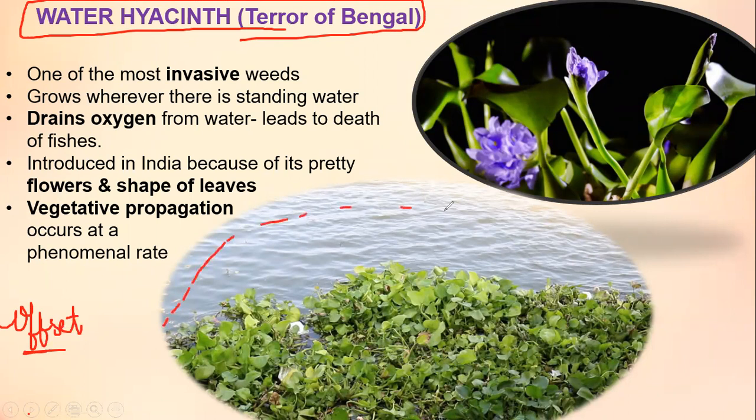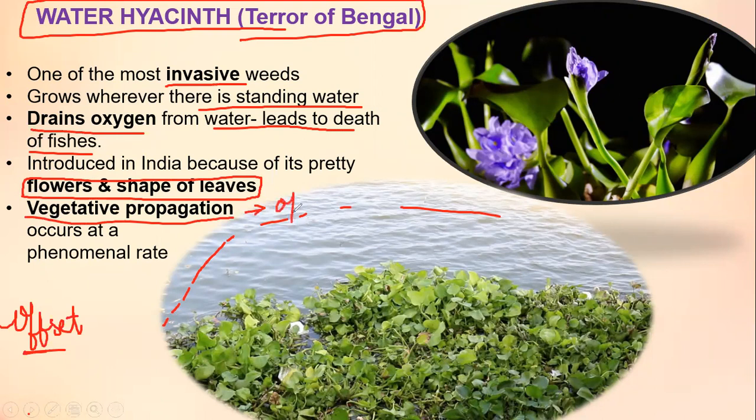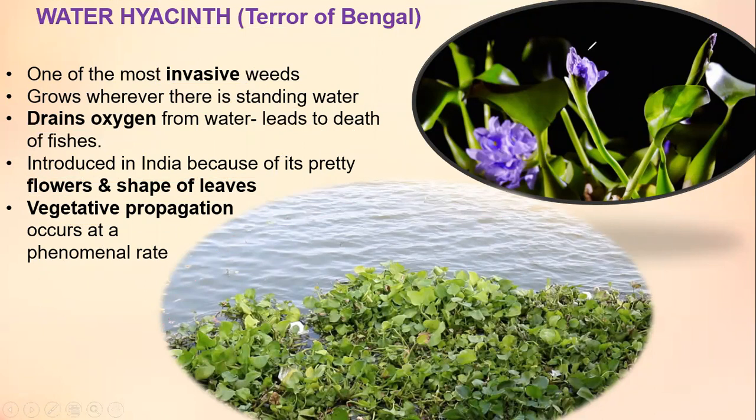After some time, it will be covering the entire lake. It is one of the most invasive weeds, grows wherever there is standing water. It drains oxygen from the water and leads to the death of fishes. It was introduced in India because of its beautiful flowers and leaves. Then vegetative propagation occurs through offset formation at a phenomenal rate. Clear? It is an invasive weed, very important. So let's move with the next one.